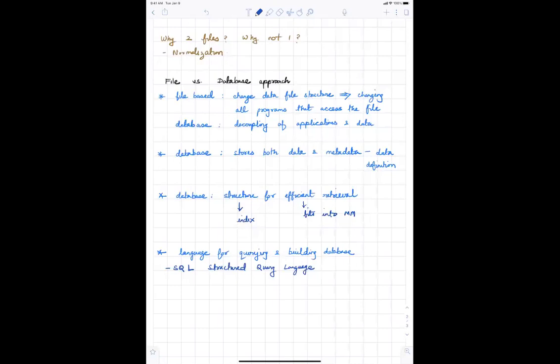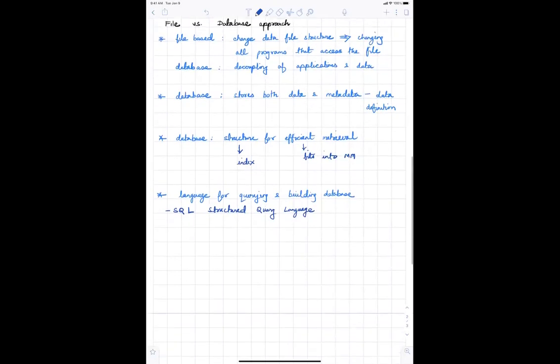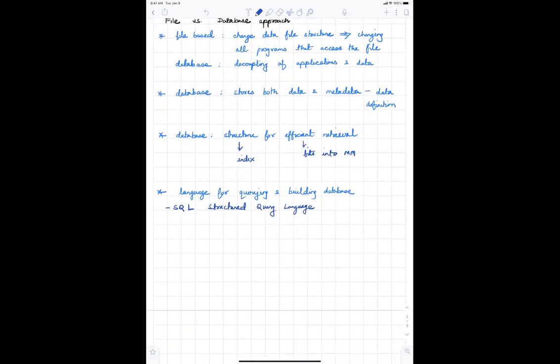It's a very functional, non-procedural language, so you don't have to explain how to do it. It's very simple and very English-like. We'll be doing SQL, and you'll find it's so easy to do things in it. So that's another thing with relational databases: you also have a language to do queries.